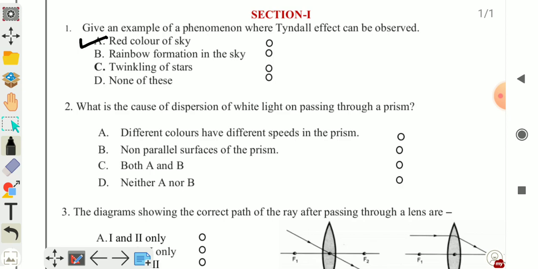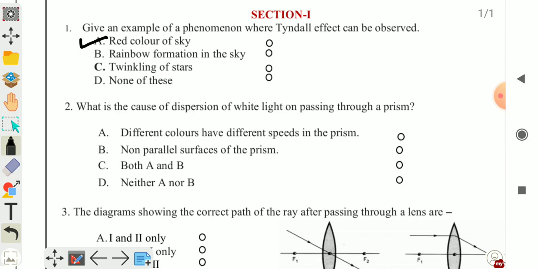Question number 2. What is the cause of dispersion of white light on passing through a prism? A. Different colors having different speed in the prism. B. Non-parallel surfaces of prism.